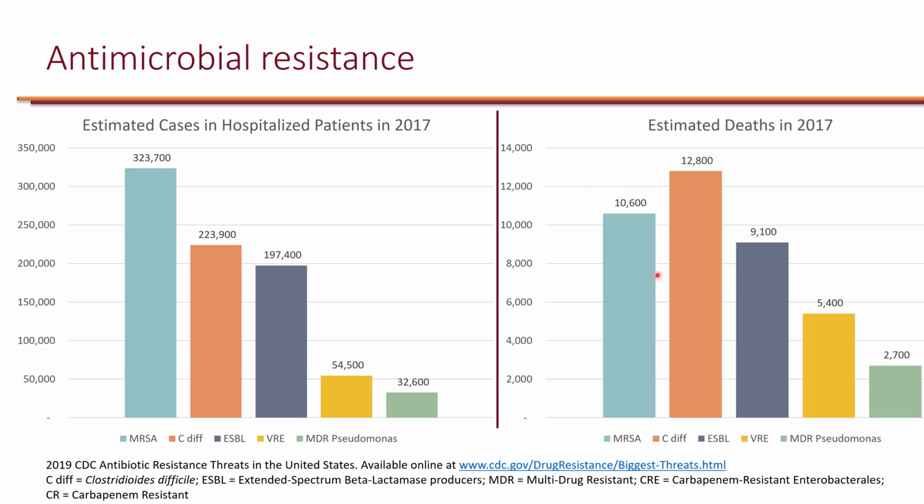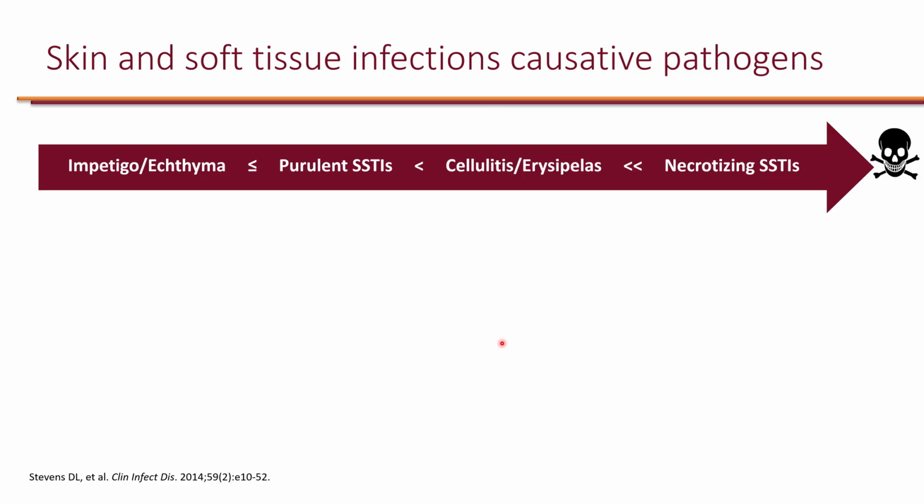And when you consider estimated deaths, although more people have died from C. diff in 2017, still over 10,000 people have died as a result of MRSA infections. And that's all infections in general, not necessarily skin and soft tissue infections, just to emphasize the importance of MRSA when it comes to infections.